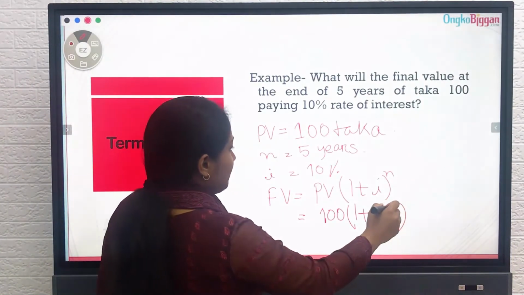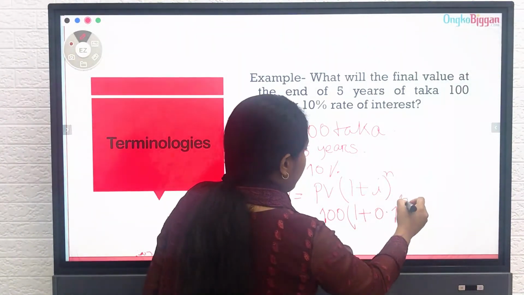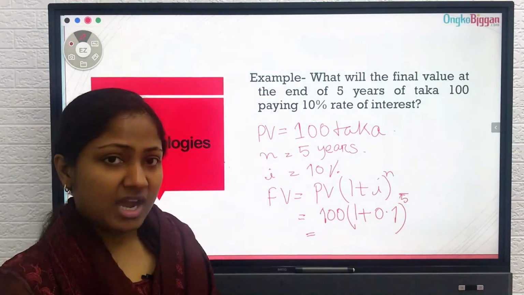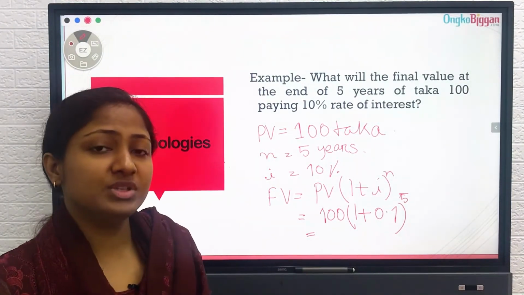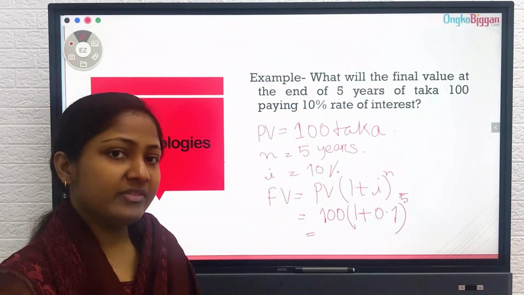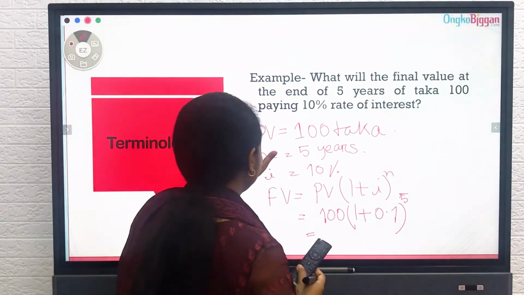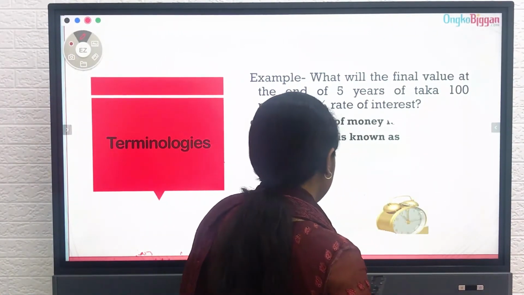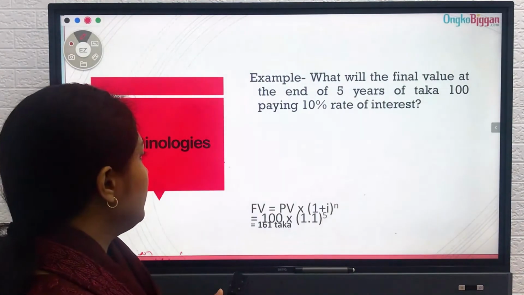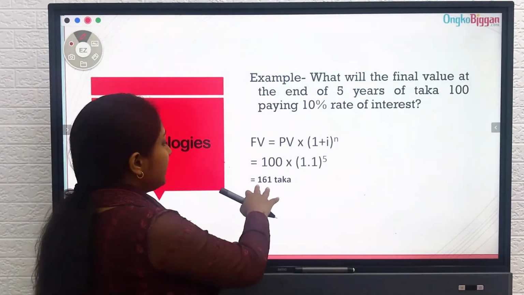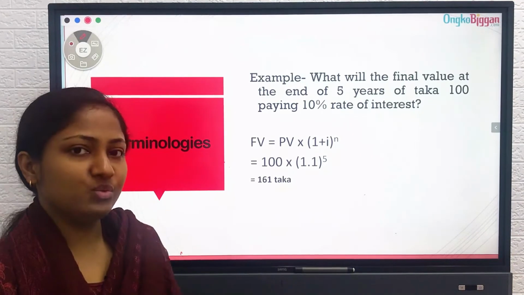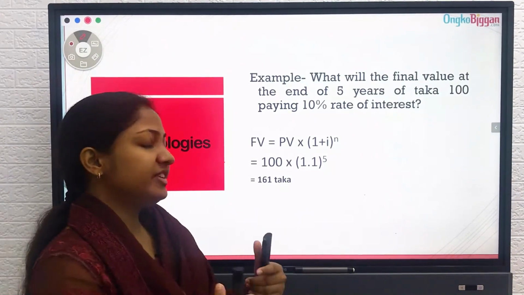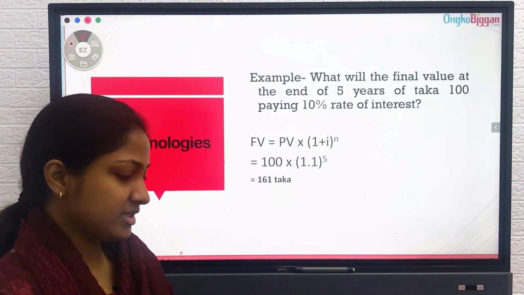And what is the time duration? It is 5. So from there we can get a certain amount of money which we will have after 5 years. So here, see, 161 taka we will have after 5 years using a 10% rate of interest.